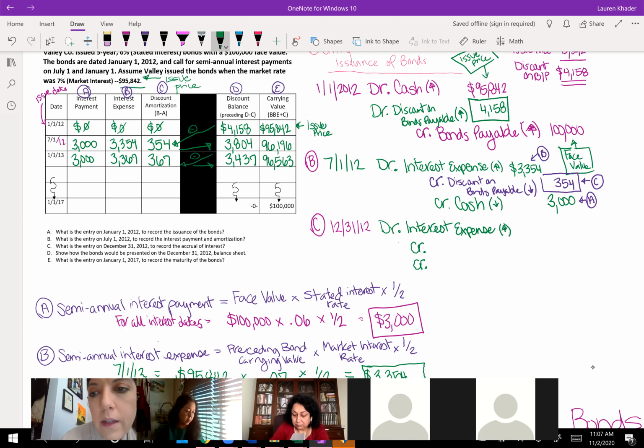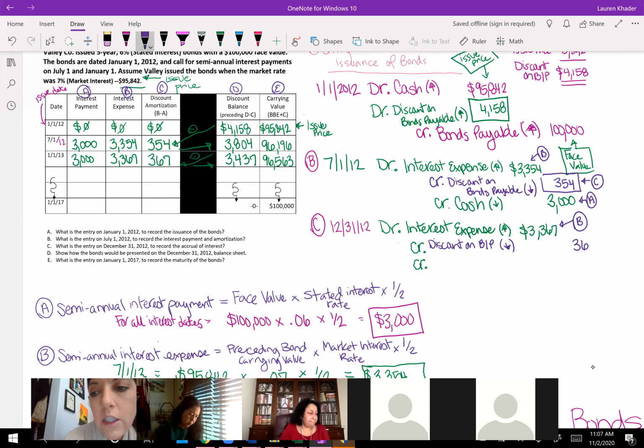Increasing interest expense for 3,367 from column B. We are still going to credit discount on bonds payable, reducing the discount for the amount of amortization, 367 from column C.